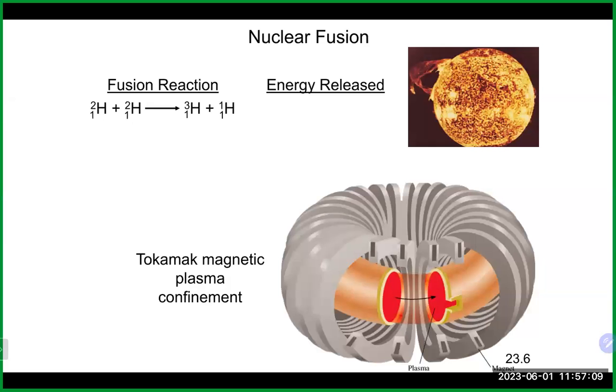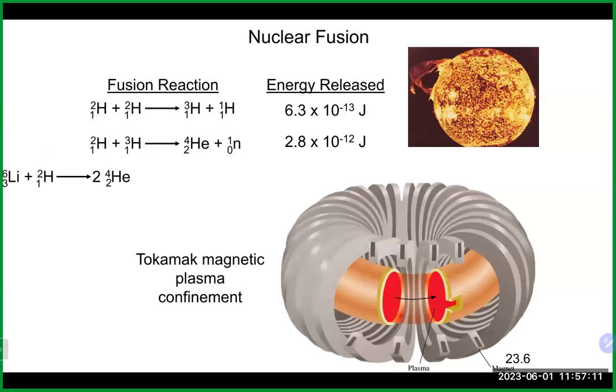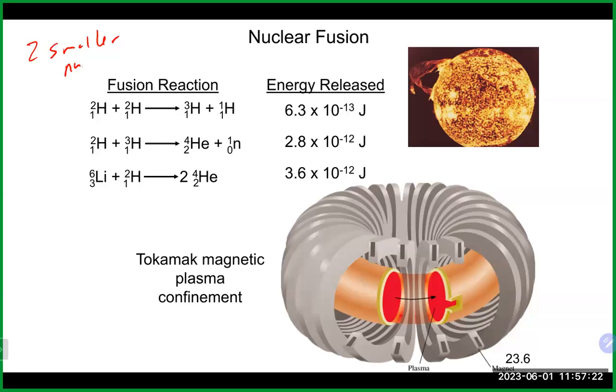Now let's talk a little bit about fusion, which is a little bit different than fission. Fusion is a little bit opposite. It's when we take two smaller nuclei and put them together to make a larger one. So a couple of hydrogens making some larger guys here.